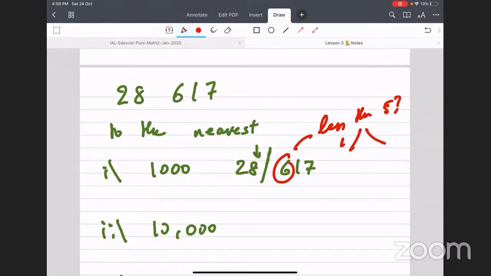If yes, don't add 1. If not, then I'll add 1.